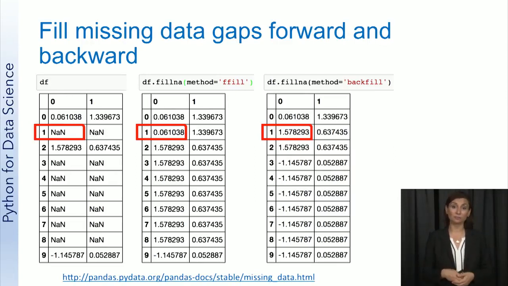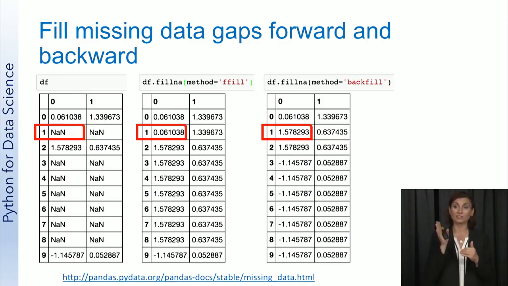in the column. If you look at the values in the first data frame shown here, the row index 1 and column 1, you will notice that the forward fill replaces the NaN value in that column with the value of row 0, column 1 in the forward fill case.